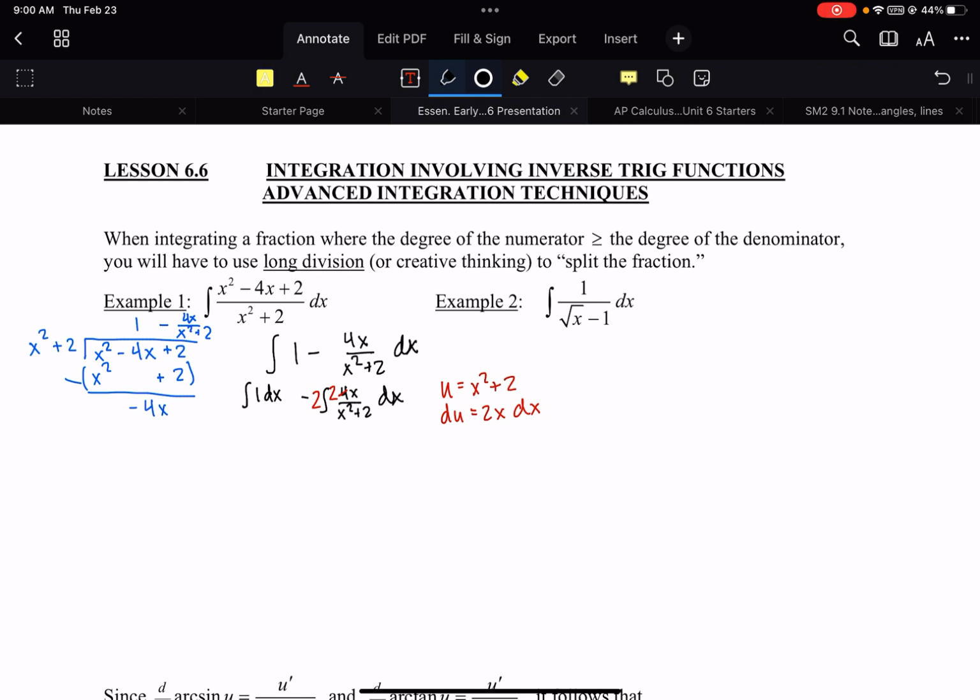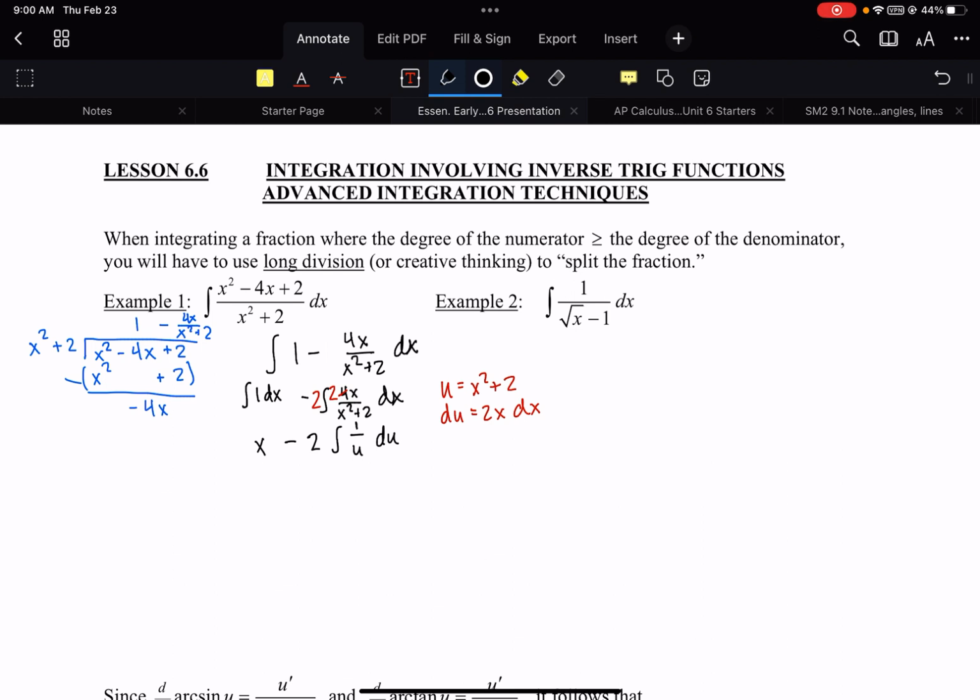So the first integral, 1 dx, is just going to turn into an x, minus 2 times the integral of 1 over u du. Sorry, there shouldn't be a 2 on top right there. That should just be a 1 over u. That 2 became the du.